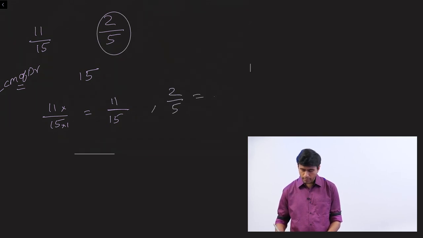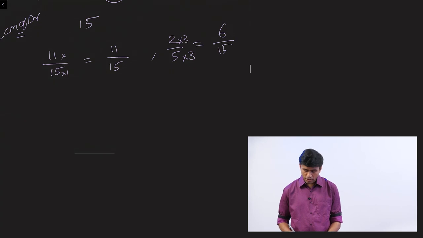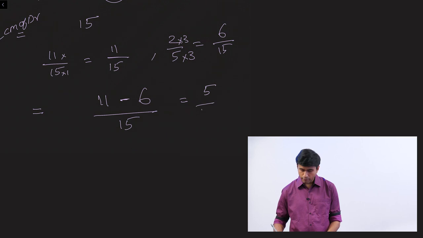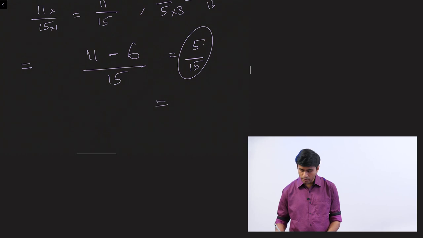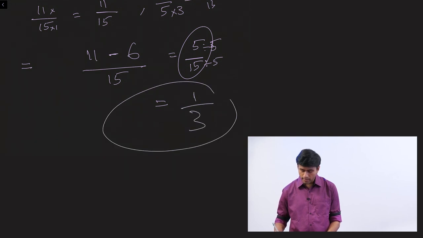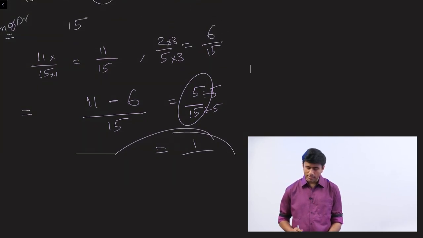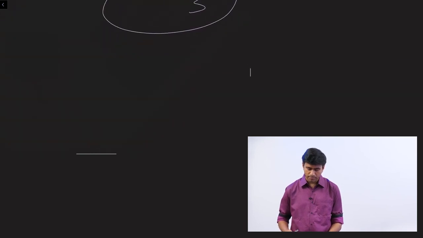To make the denominator 15, you need to multiply it by 3. 6 by 15. Now instead of adding, you have to subtract. 11 minus 6 by 15 becomes 5 by 15. Is this the simplest form? No. If you divide it by 5, you will get 1 by 3. This is your simplest form, and that is how you do subtraction.